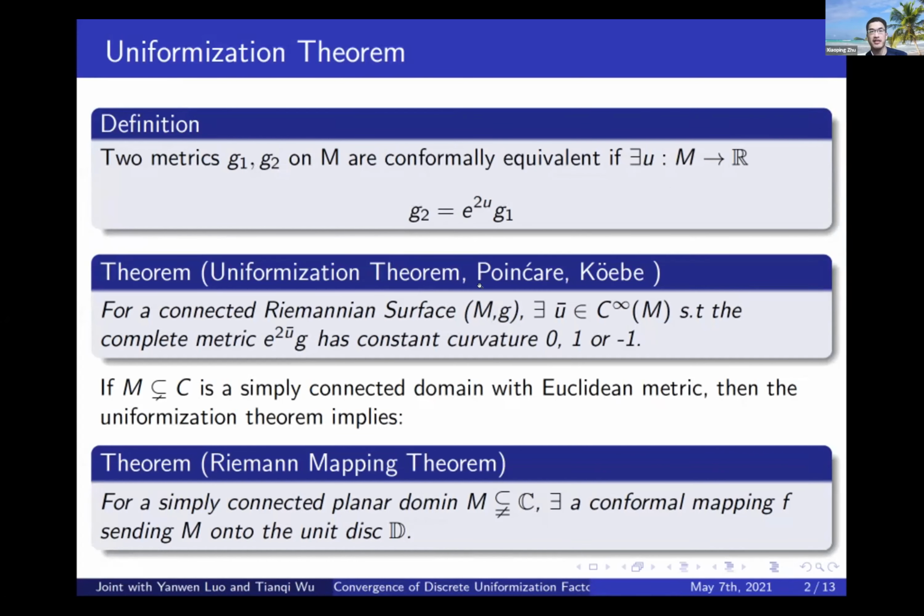The uniformization theorem tells us that for a connected Riemann surface in a conformal class, there is always a complete metric with constant curvature. And if M is just a simply connected domain with Euclidean metric, then the uniformization theorem just implies the Riemann mapping theorem.